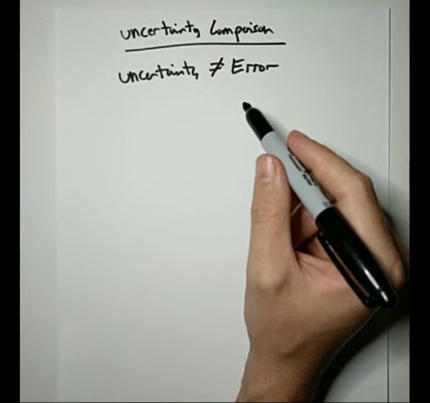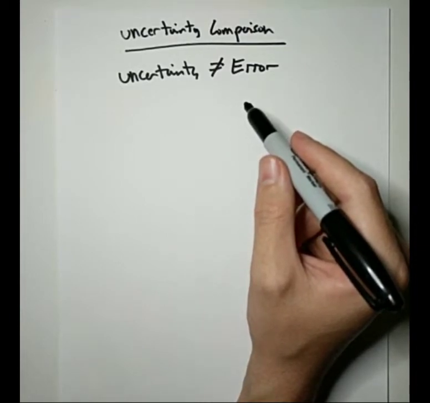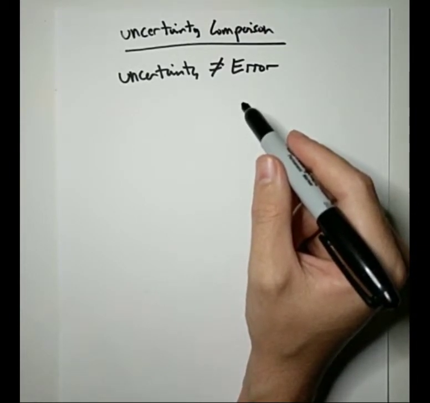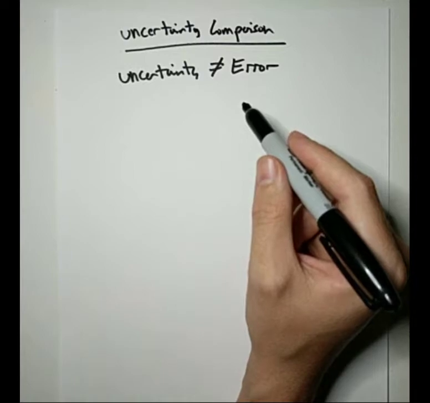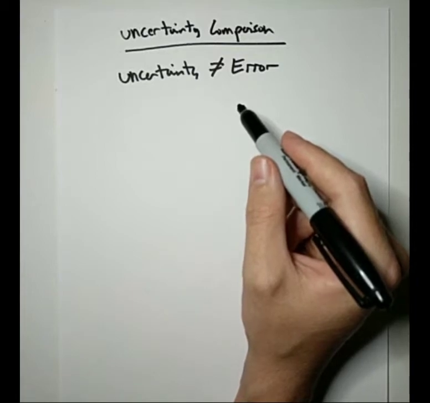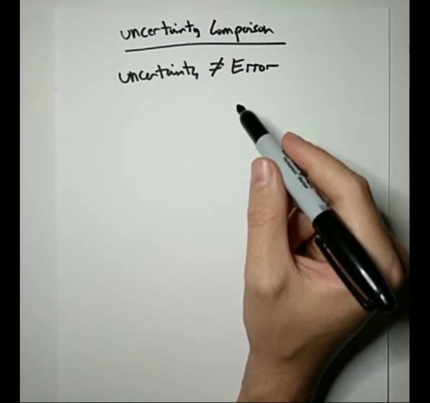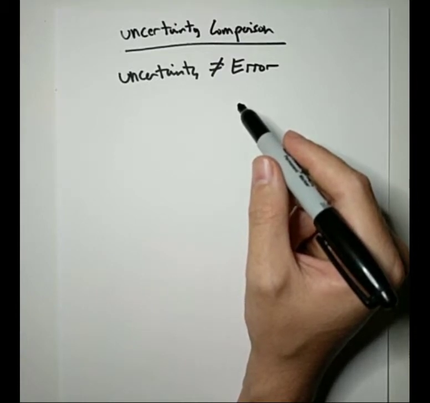As an example, if you had a stick and you wanted to know how long that stick was, you could have one person look at it and say, I think that stick is about 6.5 inches. You could have another person use a ruler, measure the stick 30 times, average all of those measurements together, and say the stick is 6.51 inches.